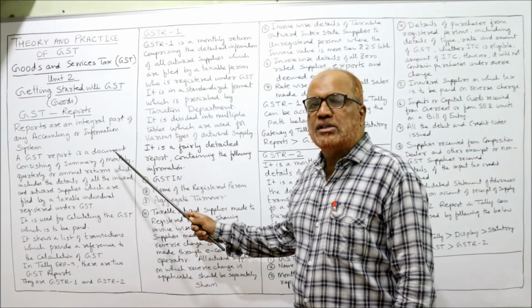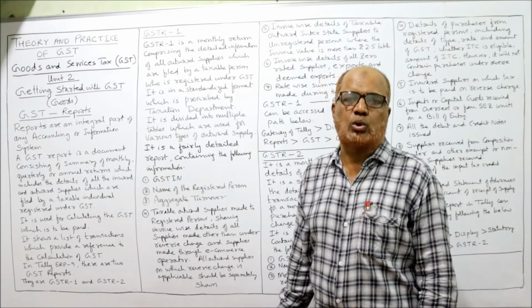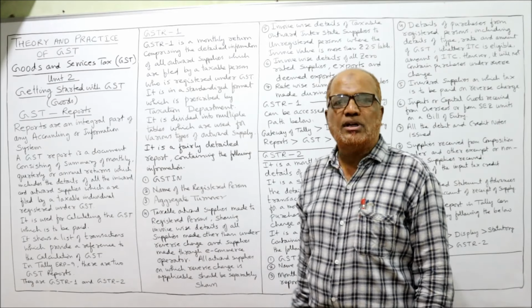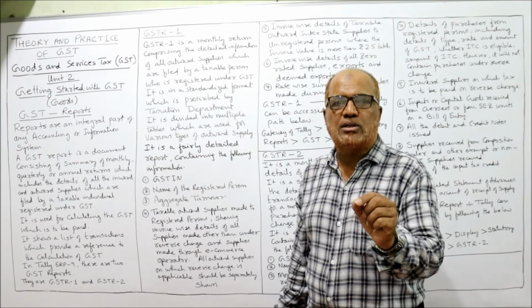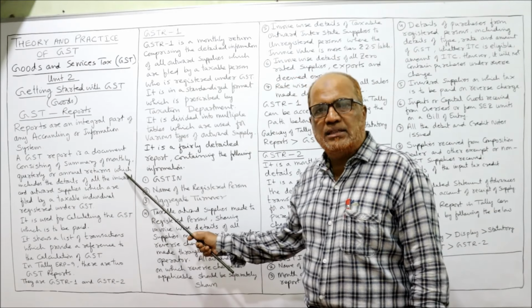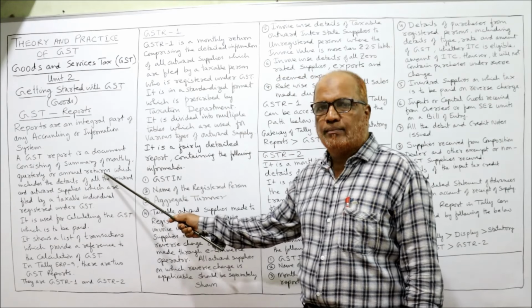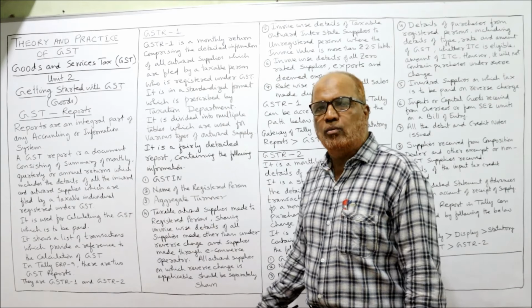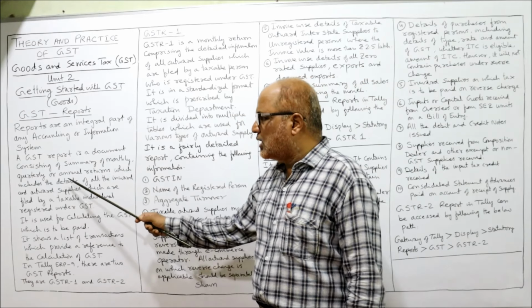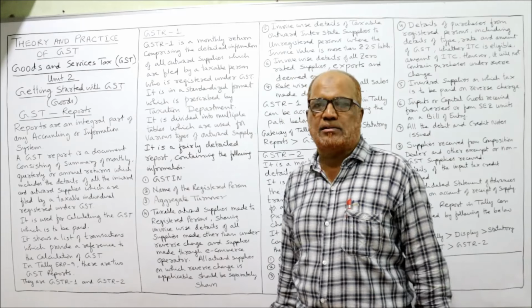A GST report is a document. First of all, the meaning of this GST report. A GST report is simply a document which consists of a summary of monthly, quarterly or annual returns, which includes the detail of all inward and outward supplies.